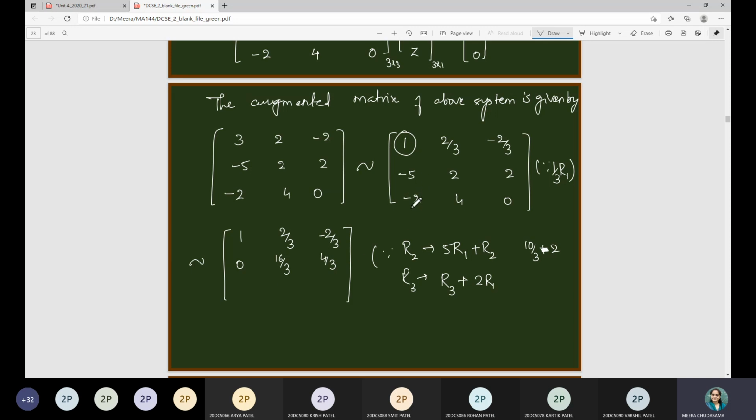Similarly, 2R1 plus R3. So this element will be 0. Then 4 by 3 plus 4. So 12 plus 4. This will become 16 by 3. And this is minus 4 by 3 plus 0. So minus 4 by 3.